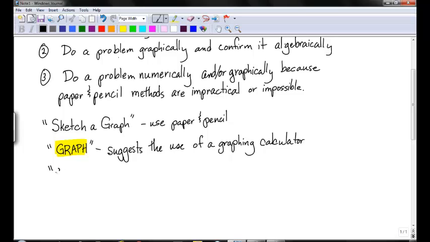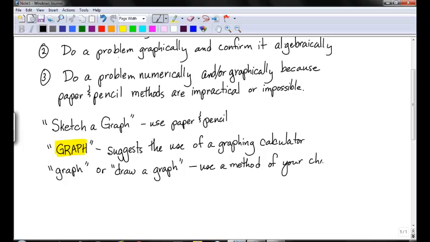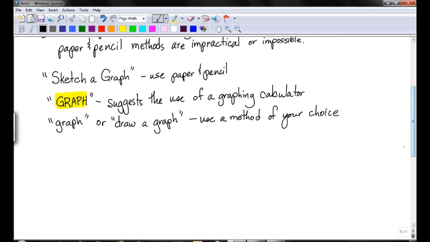If you just see the word graph in lowercase, or the phrase draw a graph in lowercase, that means use a method of your choice. So basically, if you see all caps, GRAPH it, that means use your calculator. The others, like sketch, use paper and pencil, or lowercase, use a method of your choice. Okay? Now, that's a little bit that you should get through the reading, that first section.